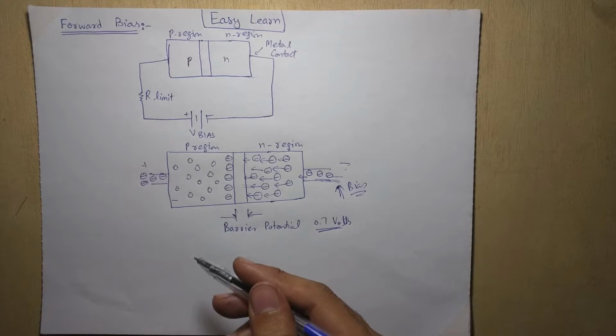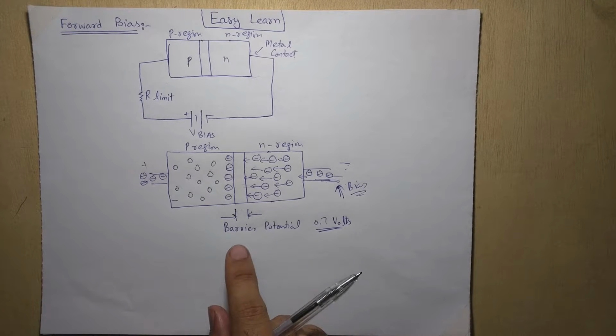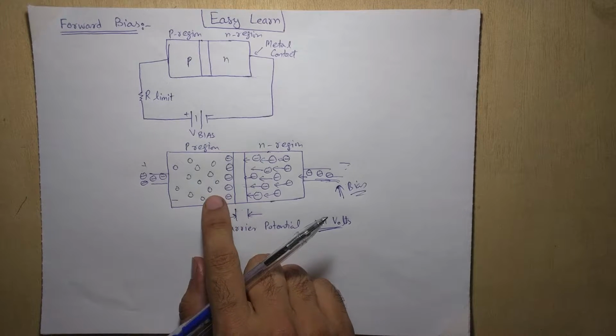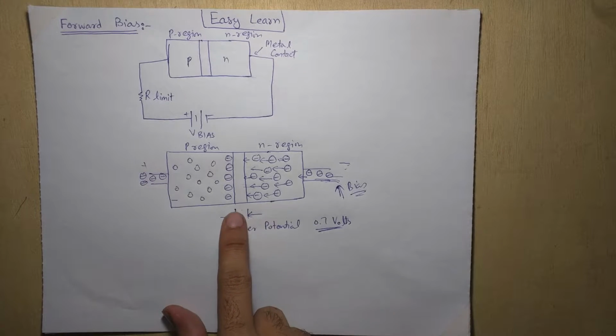When they come to the valence band, they are not able to conduct or take part in chemical reactions. The conduction electrons have lost enough additional energy to immediately combine with the holes in the valence band. Holes are also present in the valence band, and now the electrons are in the valence band in the P region, because they have lost too much additional energy overcoming the barrier potential to remain in the conduction band.